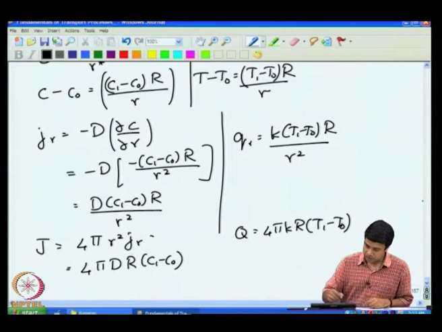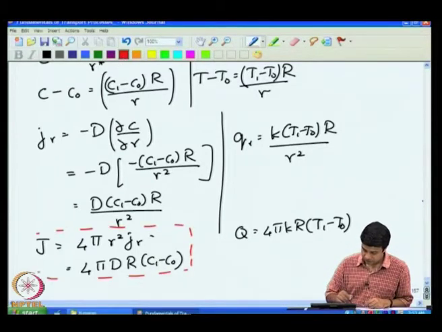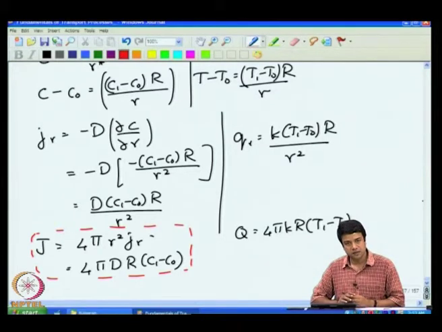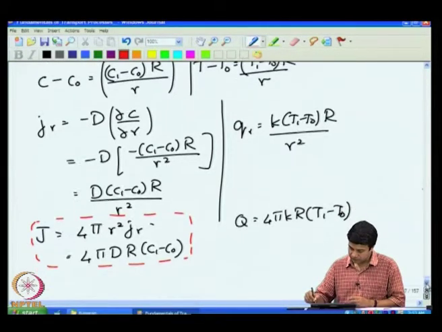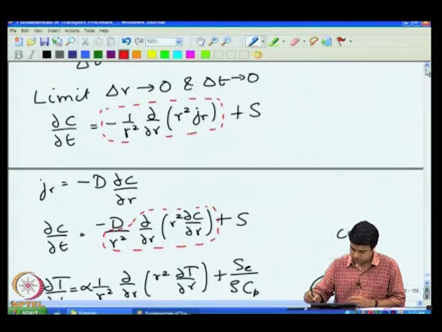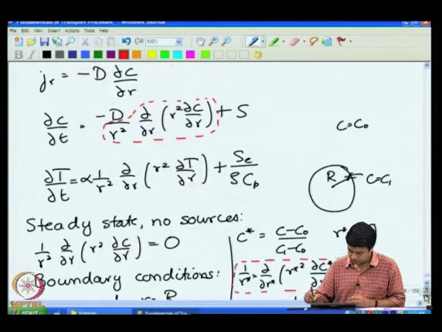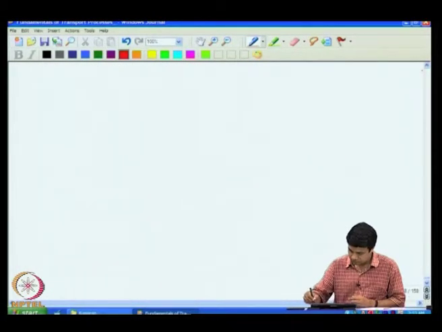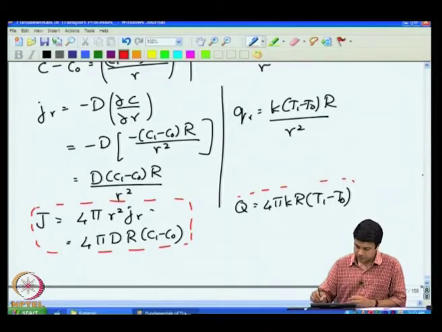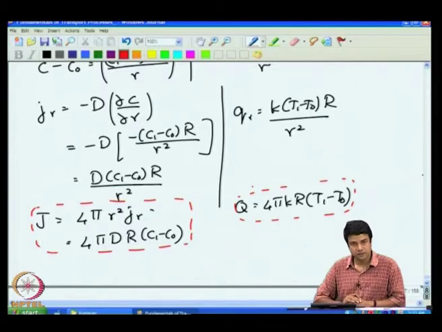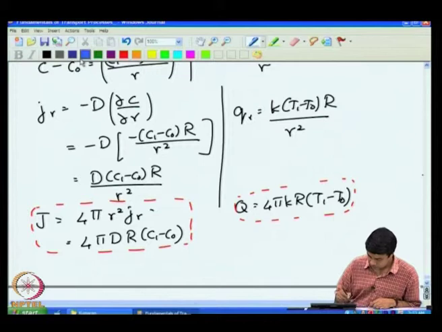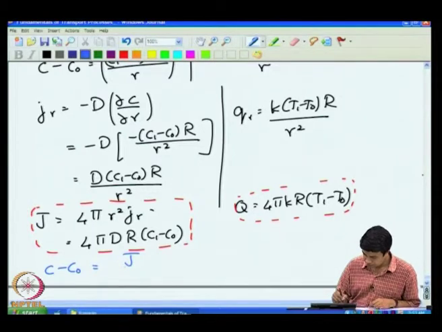For that, I need to use this expression and write C1 minus C naught in terms of capital J, or alternatively, write T1 minus T naught in terms of capital Q. Since C1 minus C naught is J by 4 pi D times R, I find that C minus C naught is equal to J by 4 pi D times R.